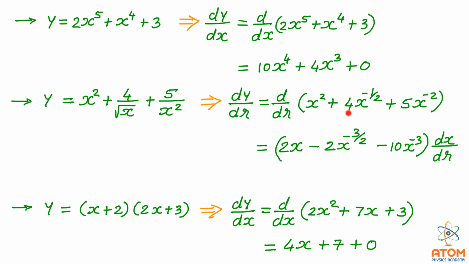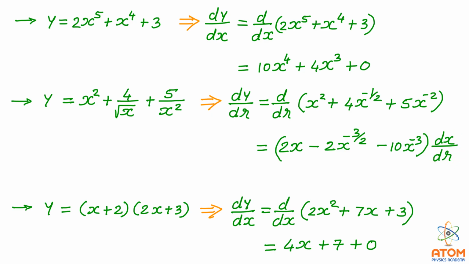See, 4 will remain as it is, and the differentiation of x raised to minus 1 by 2 will be minus 1 by 2 x raised to minus 3 by 2. So that minus 1 by 2 and this 4 will be multiplied, and so it is minus 2 x raised to minus 3 by 2, and then again dx by dr.